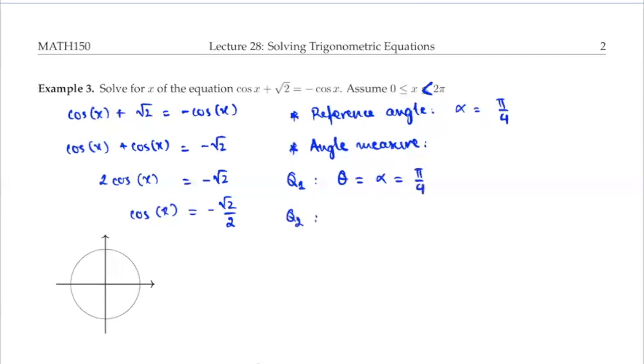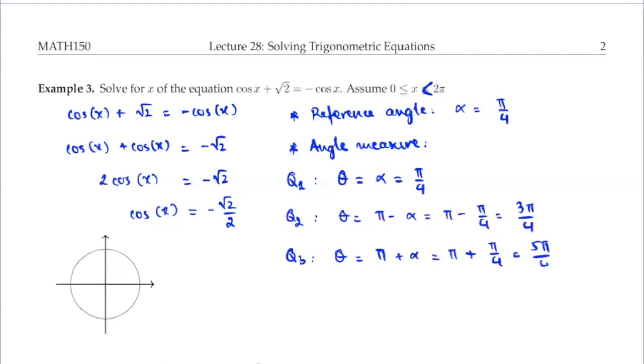In quadrant 2, theta equals pi minus alpha, or pi minus pi over 4, or 3 pi over 4. In quadrant 3, theta equals pi plus alpha, or pi plus pi over 4, which is 5 pi over 4. In quadrant 4, theta equals 2 pi minus alpha, or 2 pi minus pi over 4, which is 7 pi over 4.